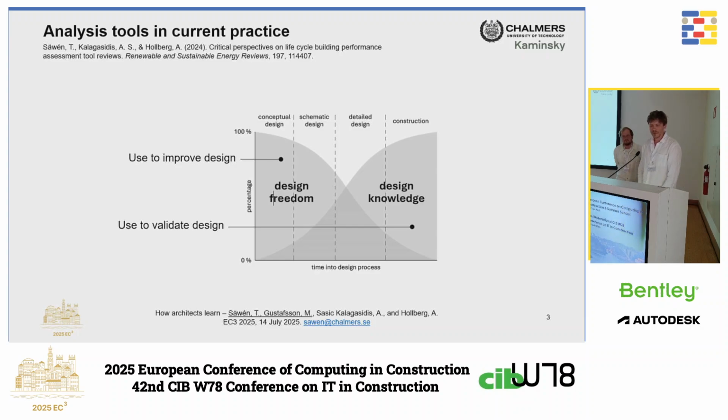This can be in order to see if legal requirements are being met or if an environmental certificate can be applied to the building. This means that the tools are not used to improve the design or to select design alternatives that improve the chances of fulfilling the requirements.